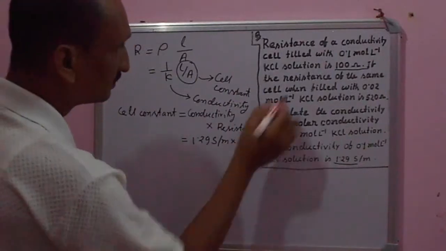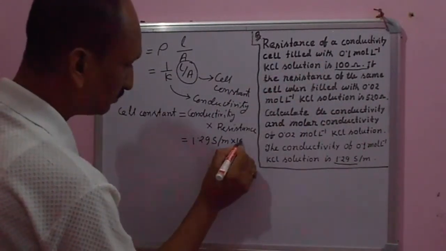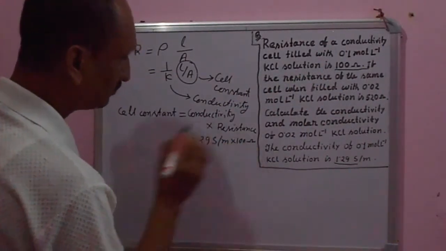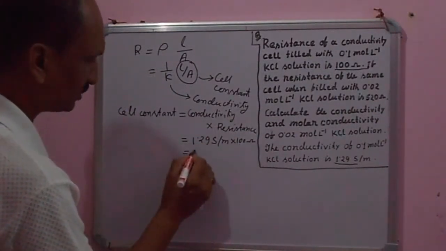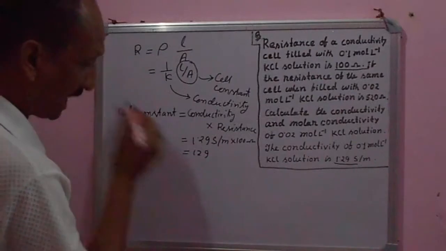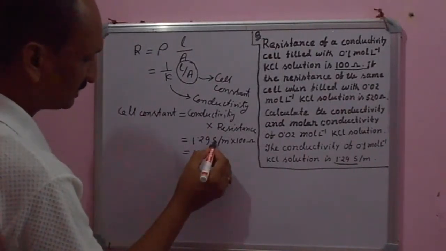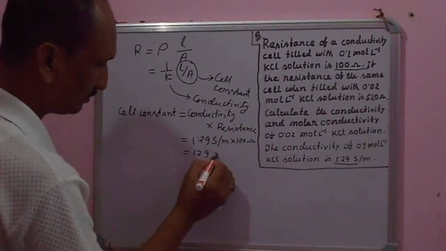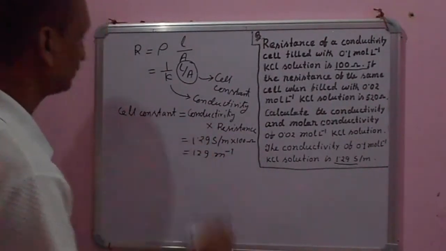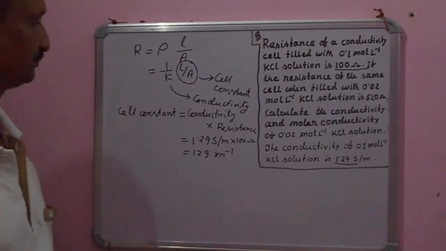So that will be equal to 1.29 into 100, that means 129, and Siemens means ohm inverse, so ohm inverse and ohm will cancel out, so it will be meter inverse. So this is the cell constant.